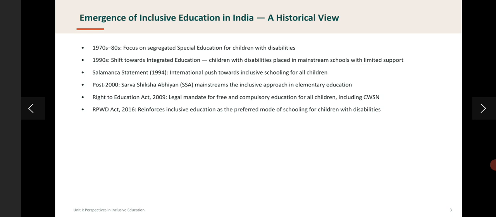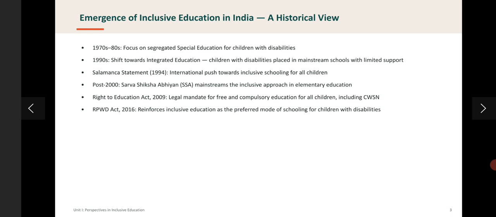The National Curriculum Framework of 2005 laid down a clear context for inclusive education.